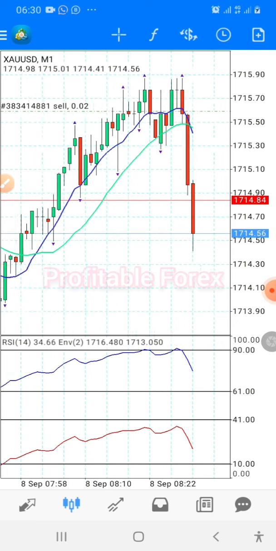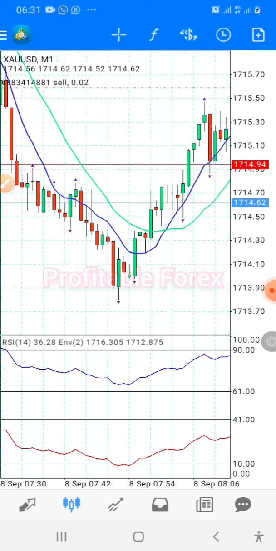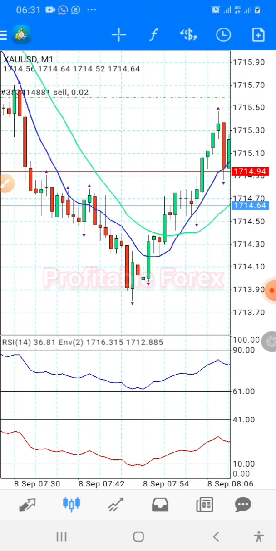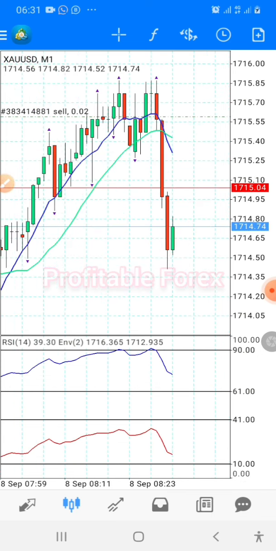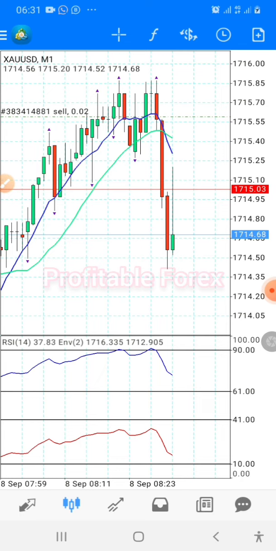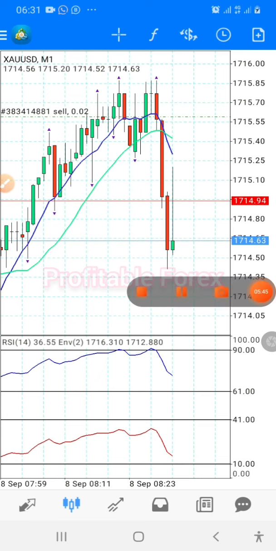Okay, so how does the strategy work? Firstly, the first thing you have to look out for is in your indicator window. Hold on now, I just want to go ahead and close. This trade is about to reverse now. You can see that. So I want to close the trade and come back to explain how the strategy works, because it's currently forming a reversal candle.